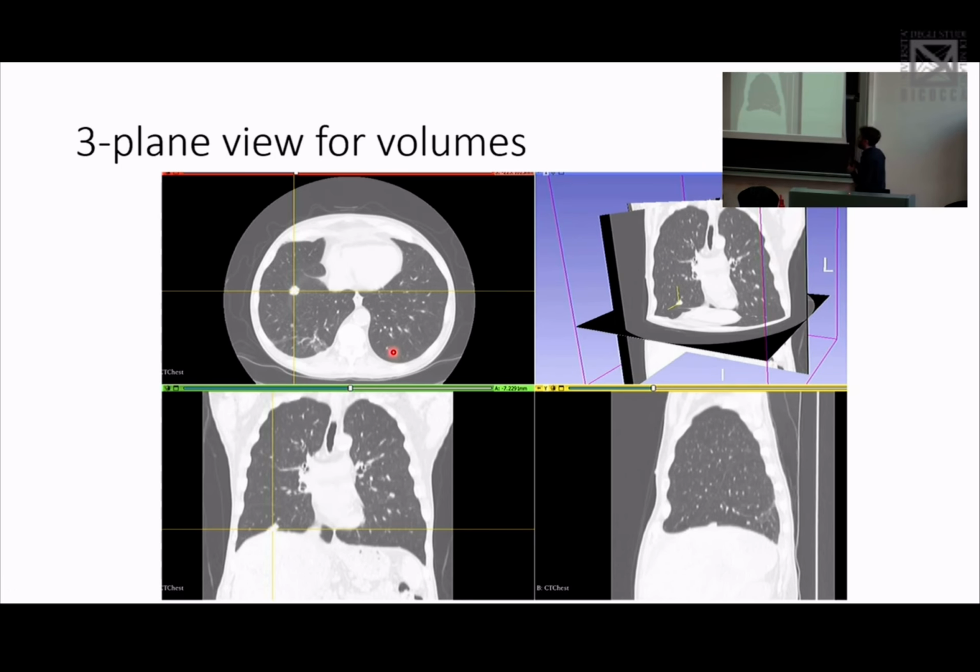And last very quick topic, we'll deal quickly with that, is that in medical imaging, we often deal with volumes more than with planar images. How do we look at it? We just cut the matrix in 3 ways along the 3 dimensions, and we get to see the same object from 3 different points.